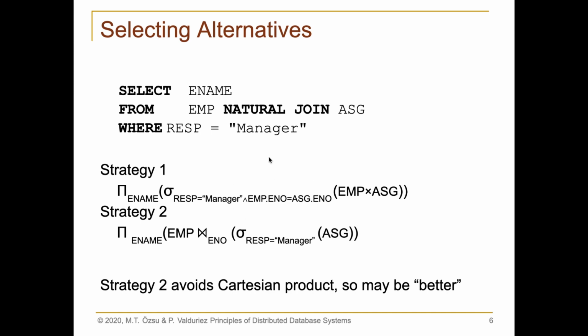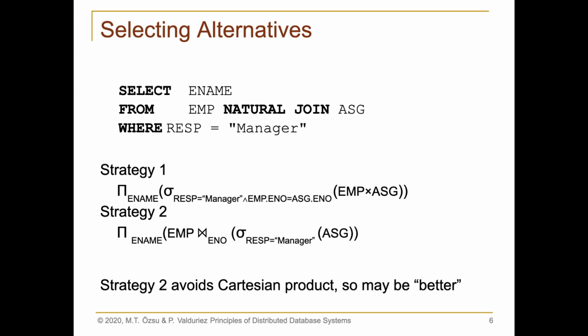So in order to execute or process this query, in order to transform this relational calculus to relational algebra, we could use multiple strategies. Among them, two of the possible strategies are listed here. The first strategy computes the Cartesian product between the two relations and applies join and selection operations over this intermediate result of the Cartesian product, and ultimately projection of employee name is performed.